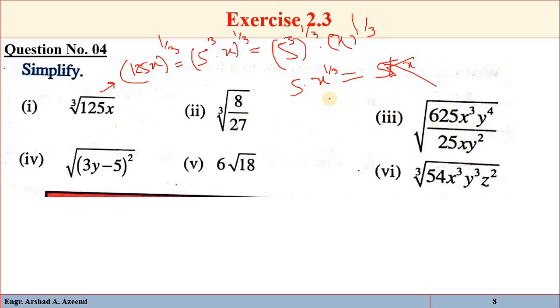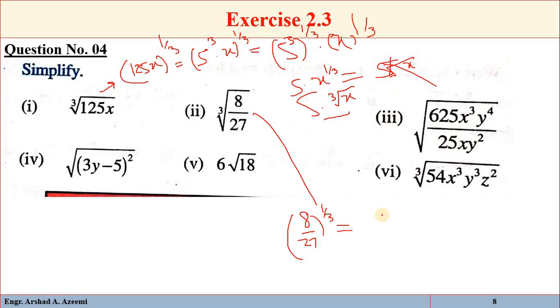Sorry, this is not 5 into... it means 5 times the third root of x. This is the solution. Now for this one, it can be written as 8 divided by 27 to the power of 1 by 3.